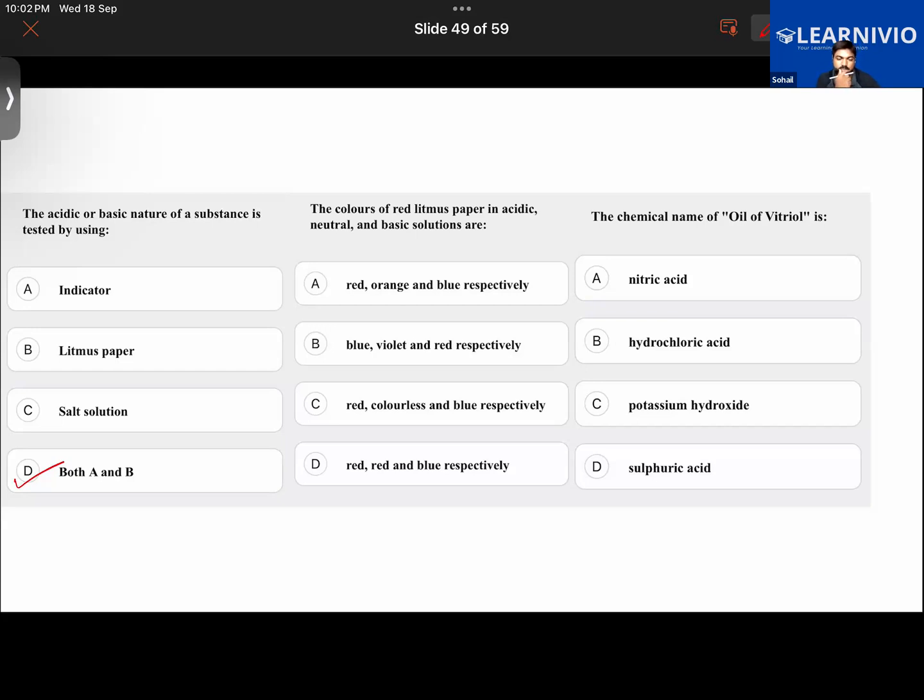The color of red litmus paper in acidic solution. Sir, is it C? Option number C you are saying. What about others?